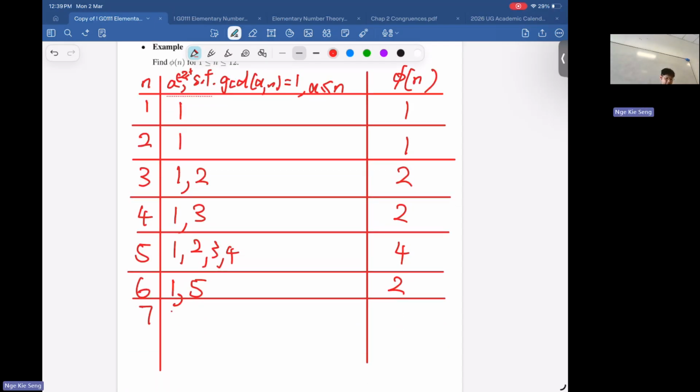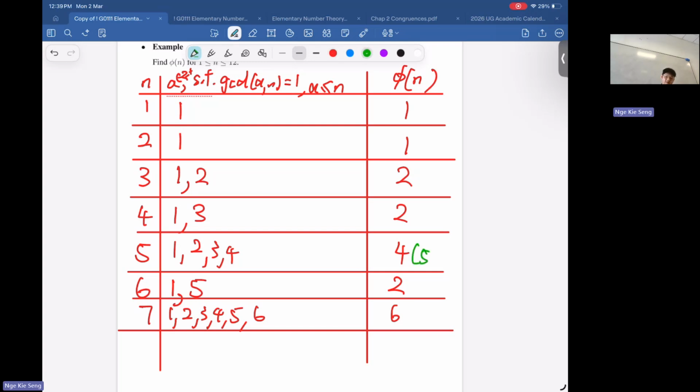About 7: 1, 2, 3, 4, 5, 6. Should we continue? Maybe we can stop here. So what did you observe here? When it is prime, it's easy to compute. Why? Just everything before it. How many of them?